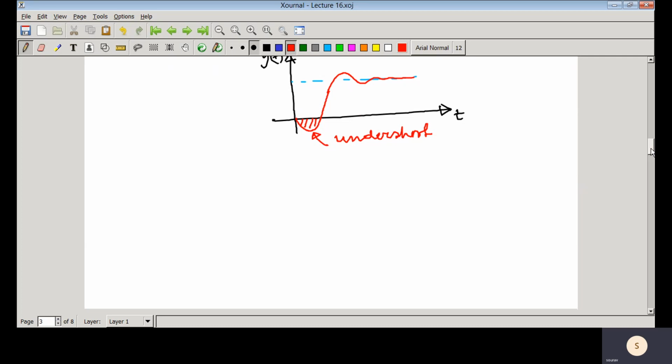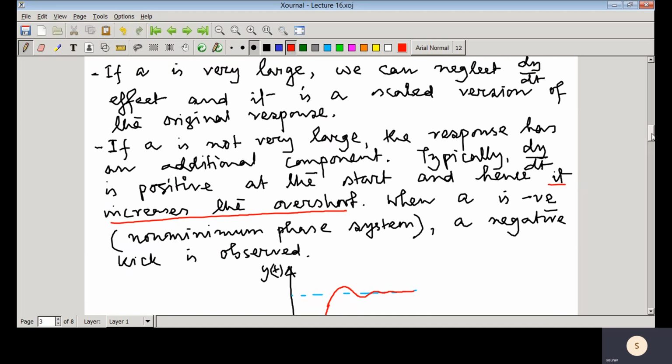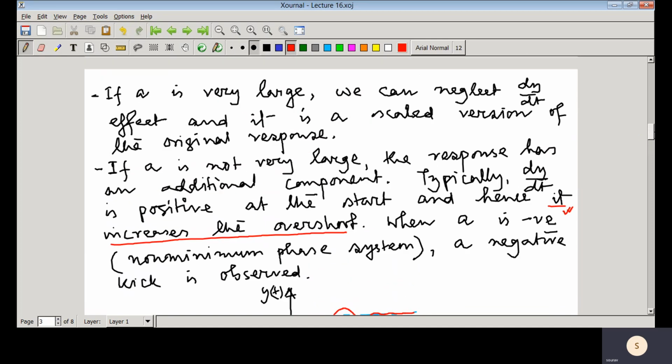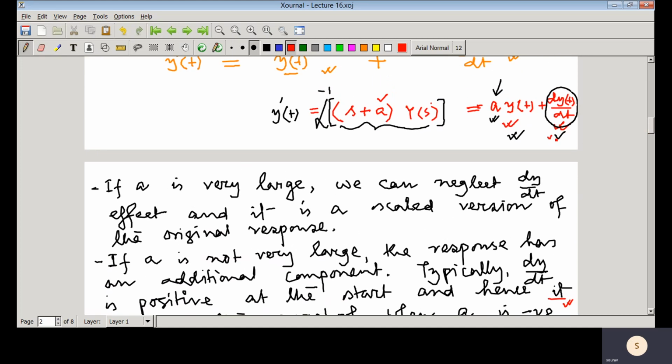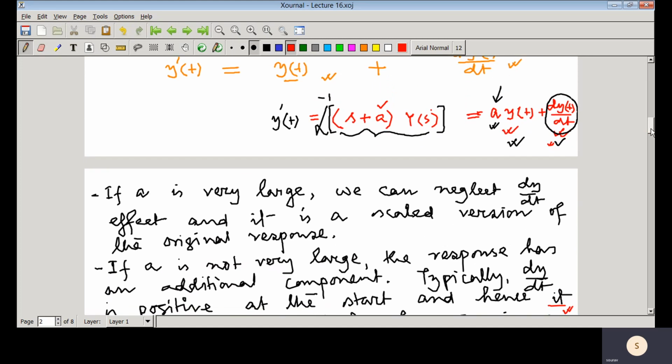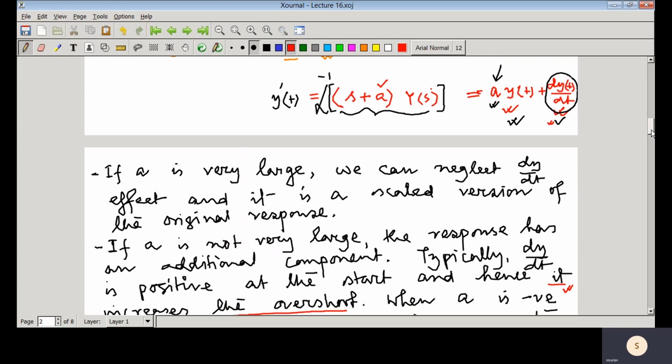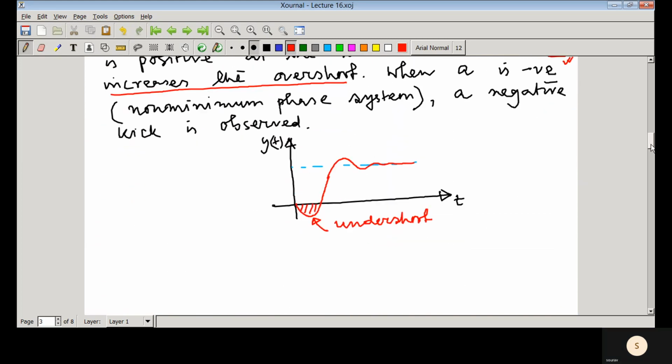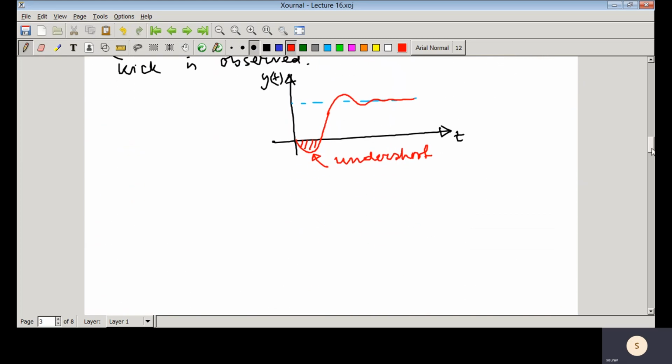So we can see what happens if we introduce a 0, because we have just seen that if you introduce a 0, it increases the overshoot, because of the extra dy by dt term that appears in the time response expression.